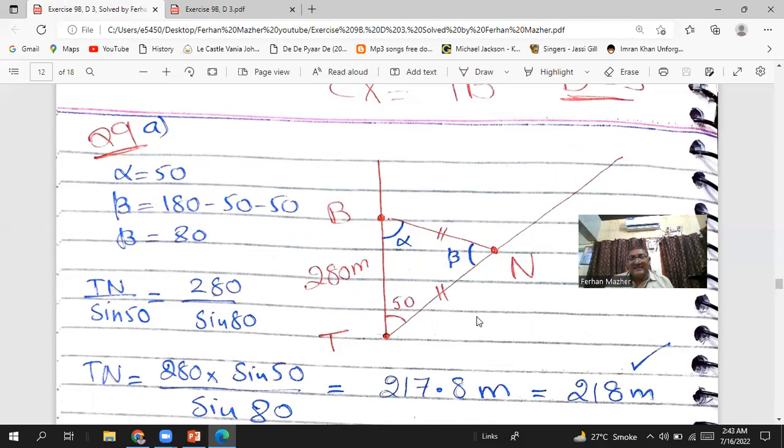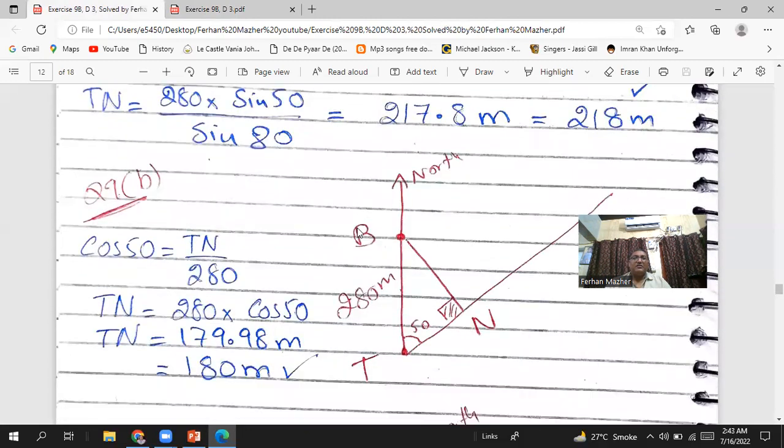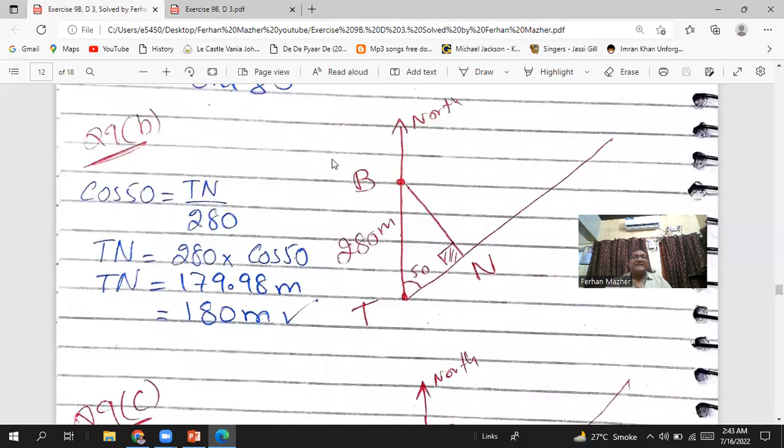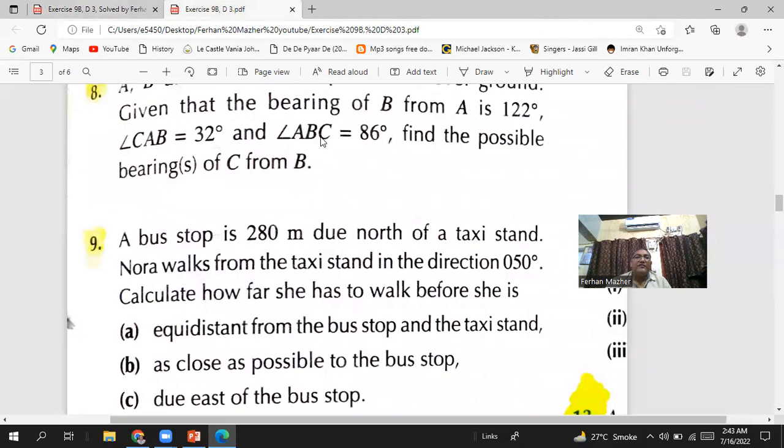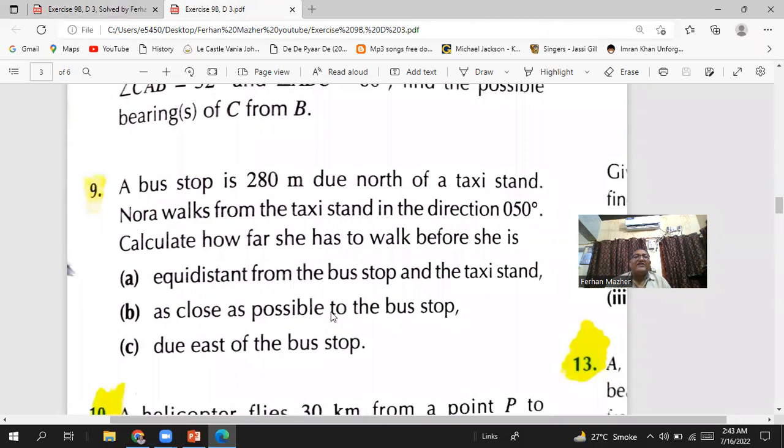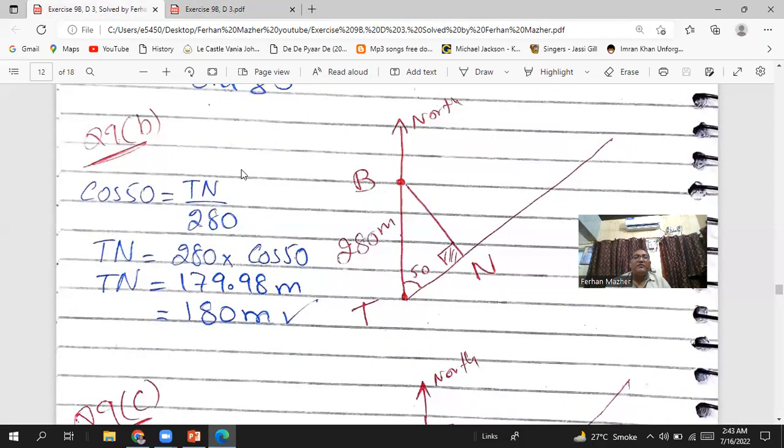In the A part, she says that Nora is equidistant from the taxi stand and the bus station. In the next part, they say, as close as possible to the bus stop.